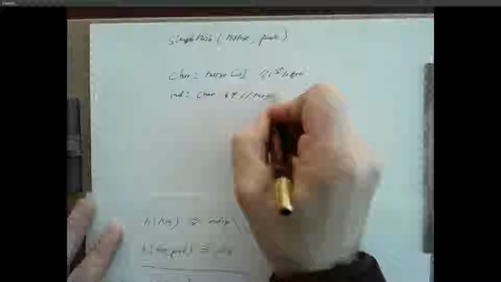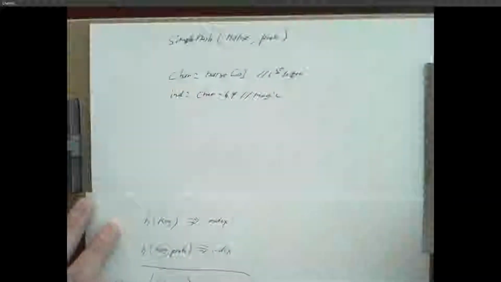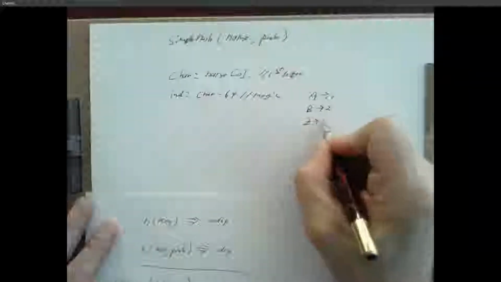So get the first character of the name, just name[0], I'm going to call that char. Subtract 64 from its ASCII code. That's just magic. So an A will give us a 1, B will give us a 2, Z will give us a 26.